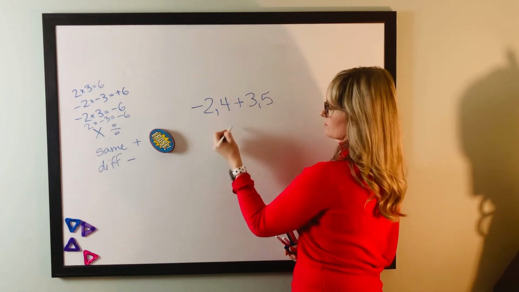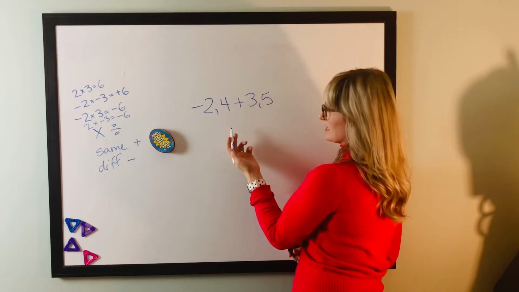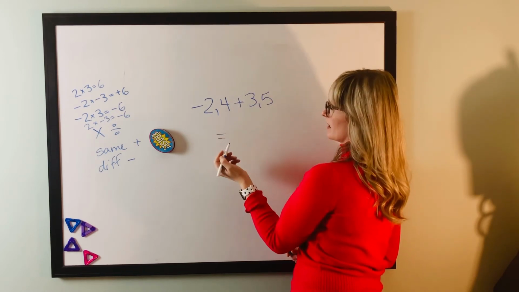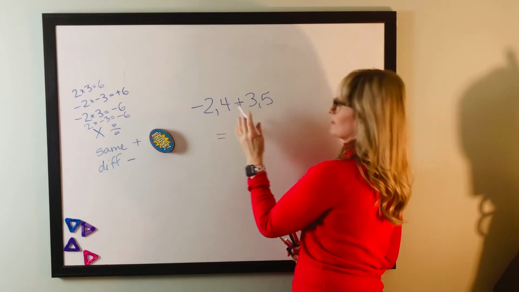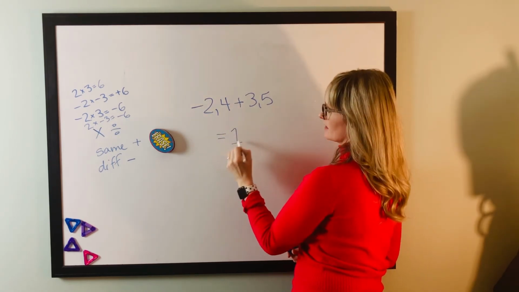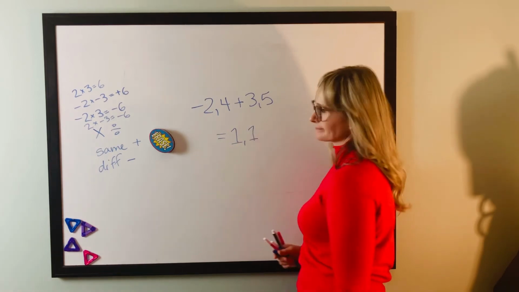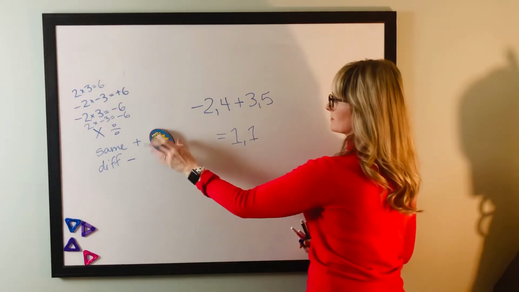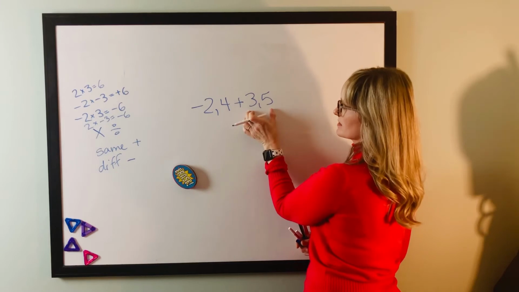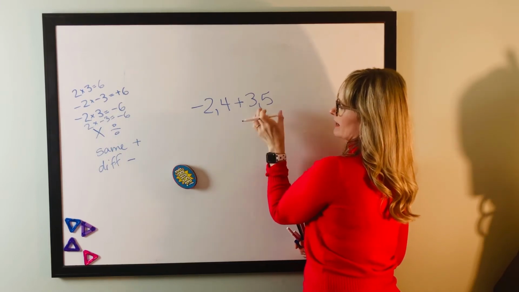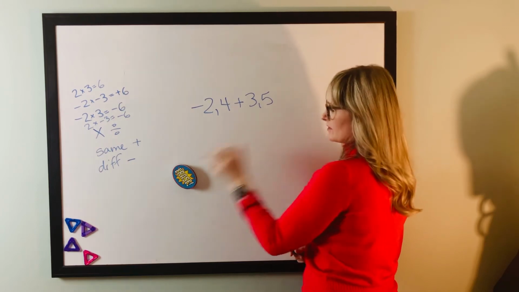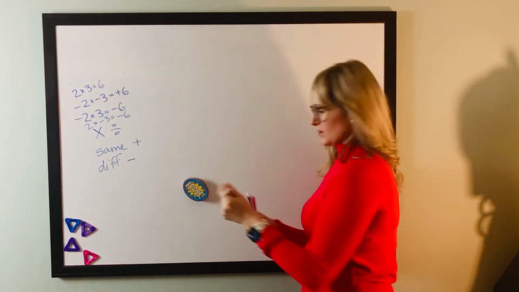So I spent $2.40, but then I got $3.50. Oh, okay. So now if I spent $2.40, but then I got $3.50, I've got $1.10 now, right? Some other students like to say that, well, this is the positive number and this is the negative number. This one's bigger, so my answer will be the positive. If that works for you, great.